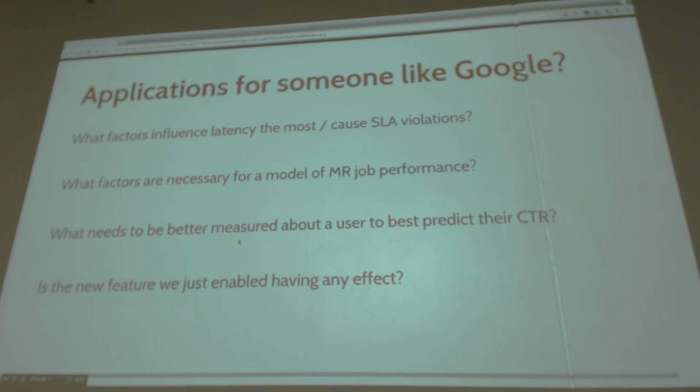Then I imagine that some advertising product could be interested in knowing what needs to be measured about the user to predict their click-through rate for a particular ad. So if you're writing an advertising product, then there's a number of things that you know about the user and a number of things that you don't, but probably can measure, if you really show the user enough ads that vary different aspects of that.